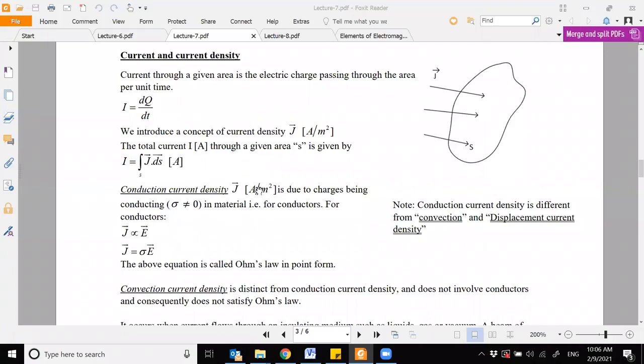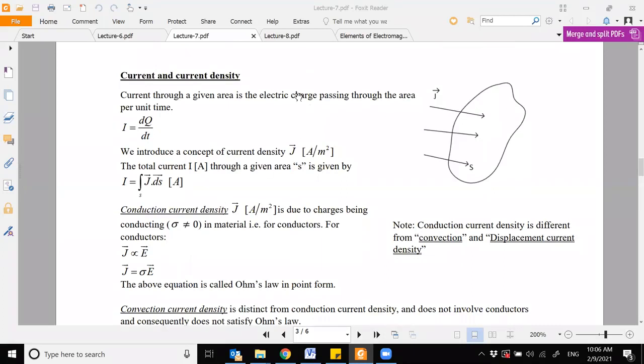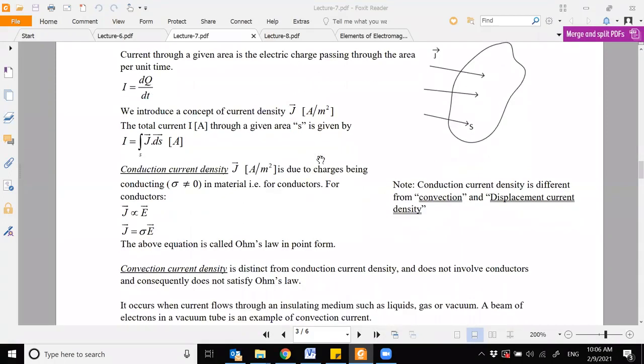And this current density is actually a conduction current density. That means this is the current density which is because of electric charges passing through. Okay, so it is because of the movement of the charges, or in a conductor, it is because of the movement of the free electrons.